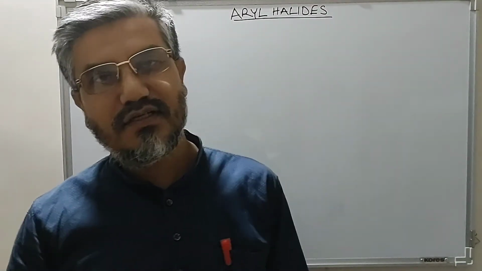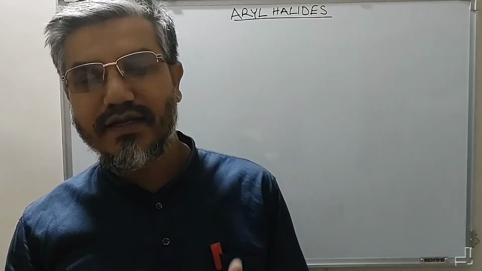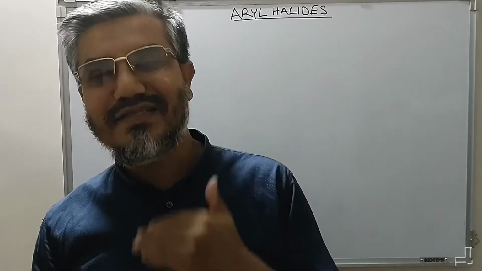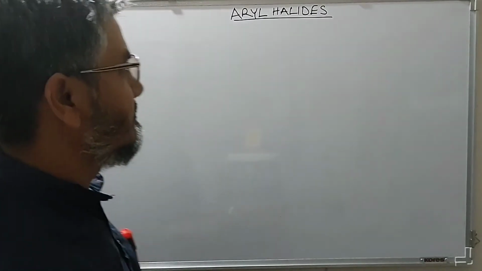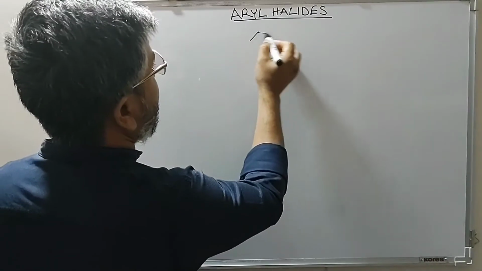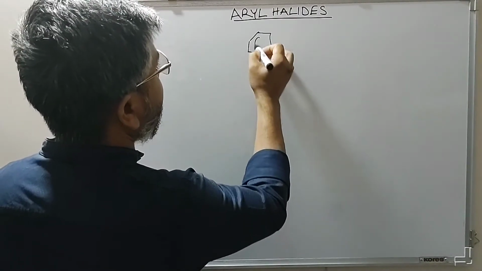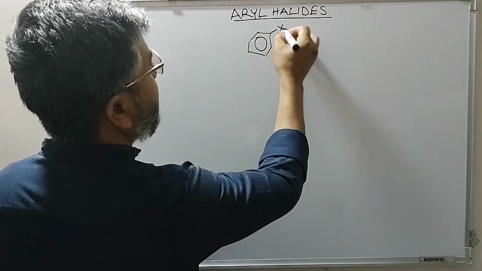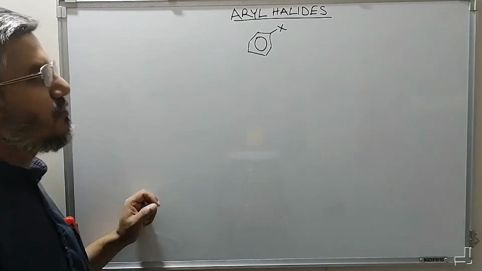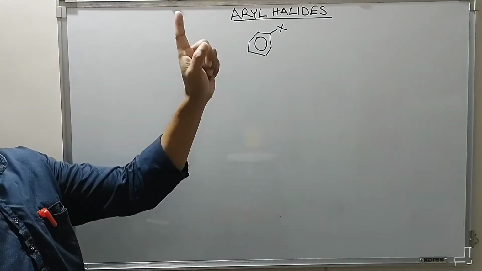Any compound containing an aromatic ring and a halogen cannot be called an aryl halide. For this compound to be an aryl halide, the halogen should be directly bonded to the benzene ring. That is what we call aryl halides. So look at this, we have this aryl group. Now this halogen is bonded to the aryl group, so we say this is an aryl halide.